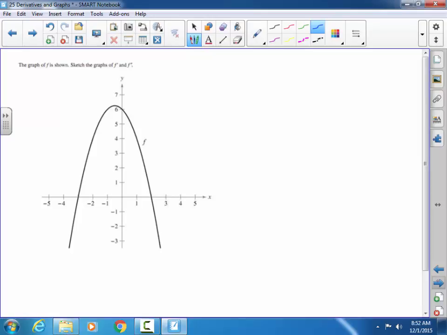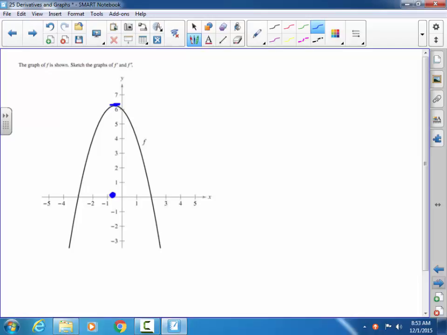Okay. What's the best way to start this? Find the critical point. Okay. Where's the critical point of f? Right up here. We've got a critical point. So I'm going to graph, so that means I know that f prime is 0 right there.